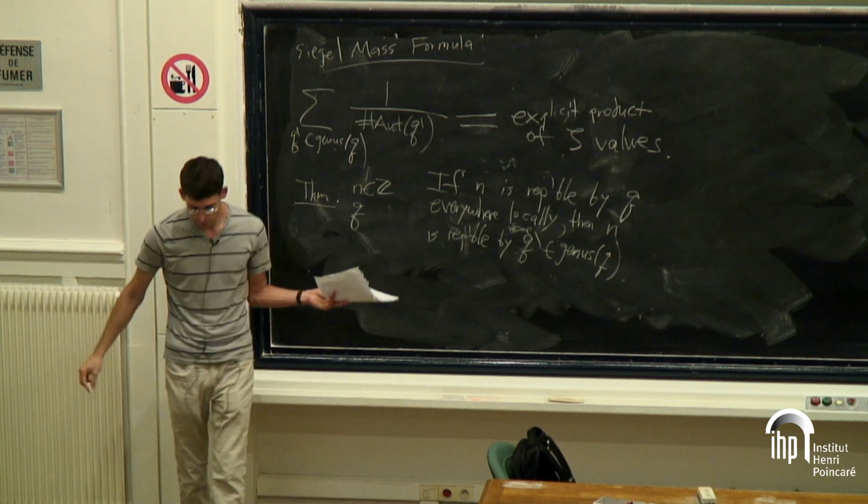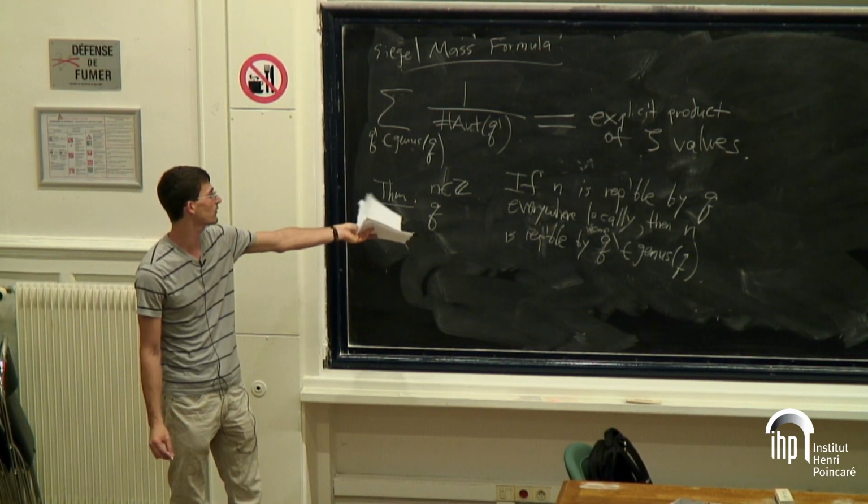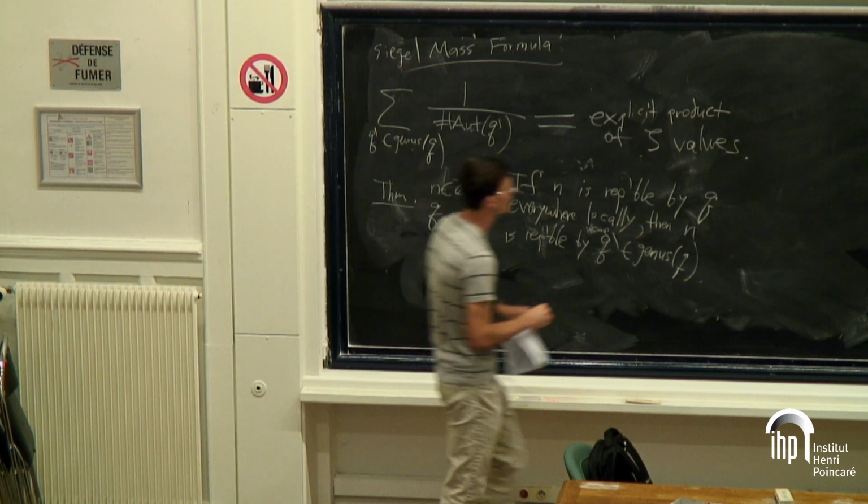So for example, if you prove a quadratic form is unique in its genus, then an integer is representable by it if and only if it's representable everywhere locally.